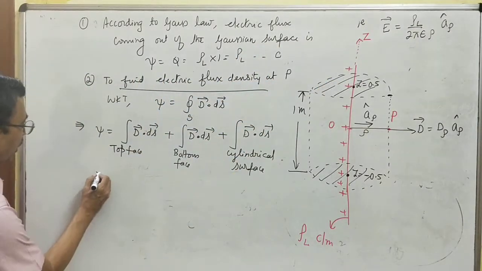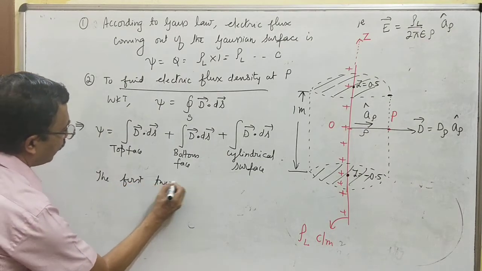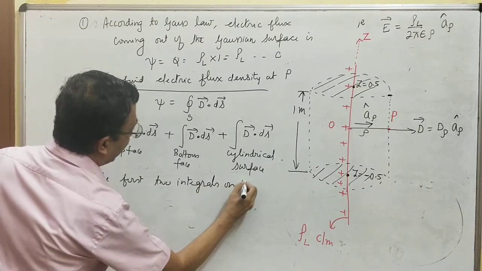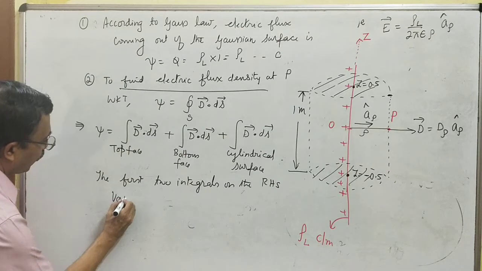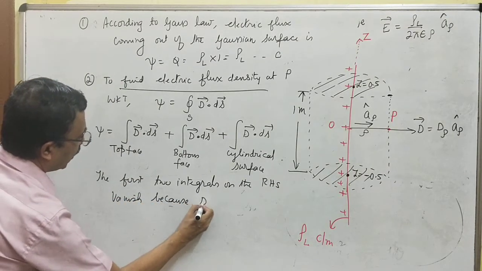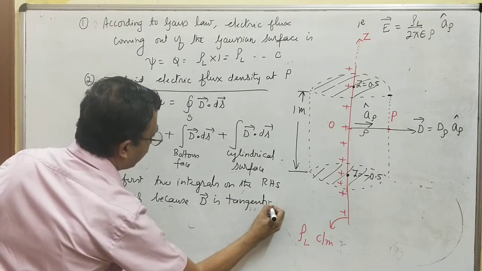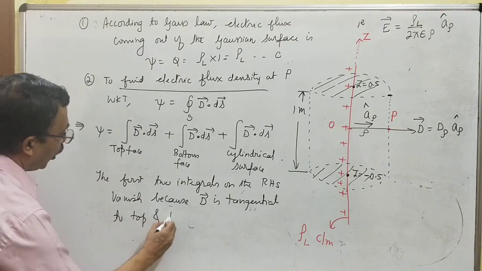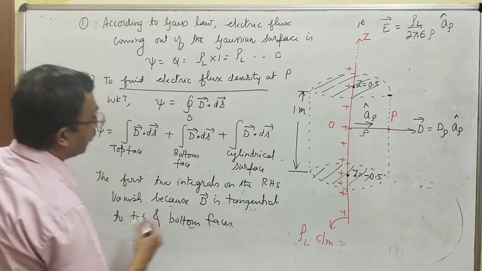The first two integrals on the right hand side vanish because vector D is tangential to top and bottom faces.